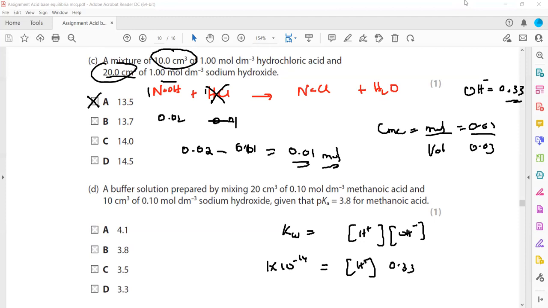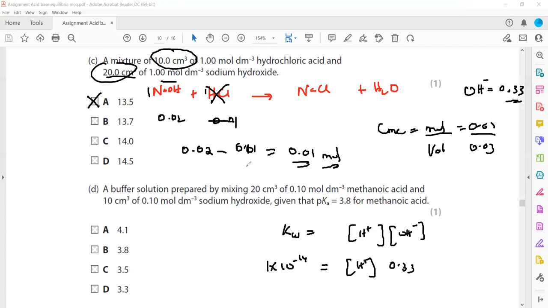The concentration is moles divided by volume, so new moles divided by new volume gives the new concentration of hydroxide ion. Using that, we find the concentration of hydrogen ion, since the dissociation constant of water equals the product of hydrogen ion and hydroxide ion concentrations.